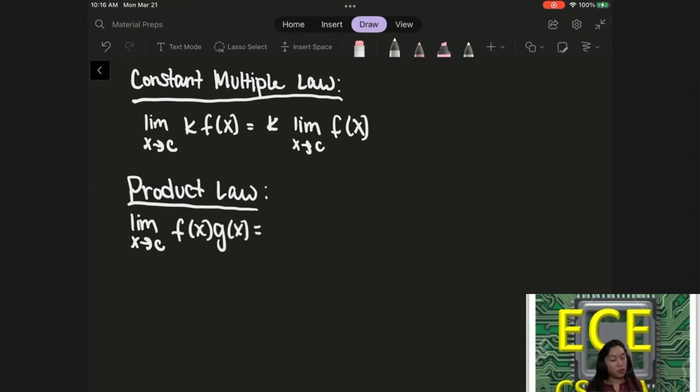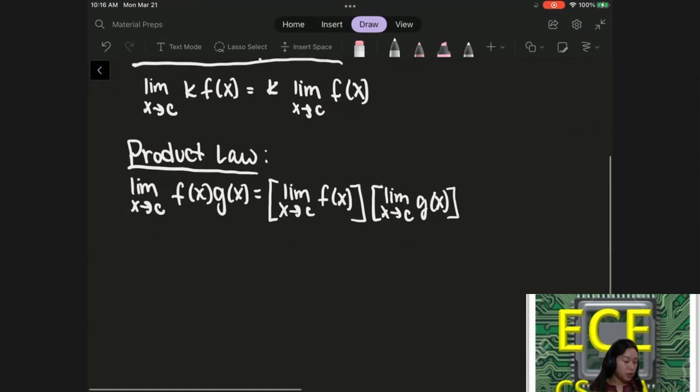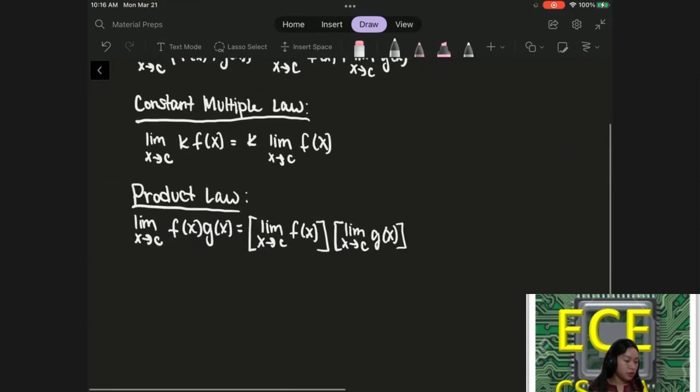And so this can be written as the limit, let me put brackets, the limit as x approaches c of f of x times the limit as x approaches c of g of x. So this could be broken down into a product of two limits.